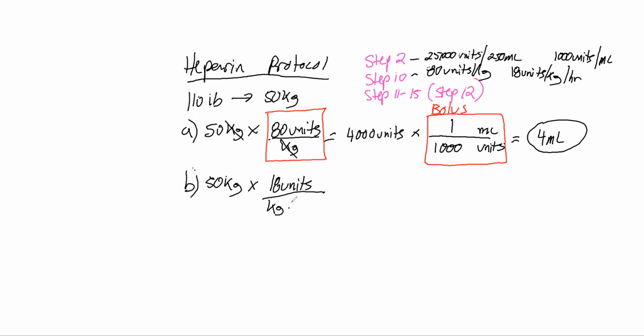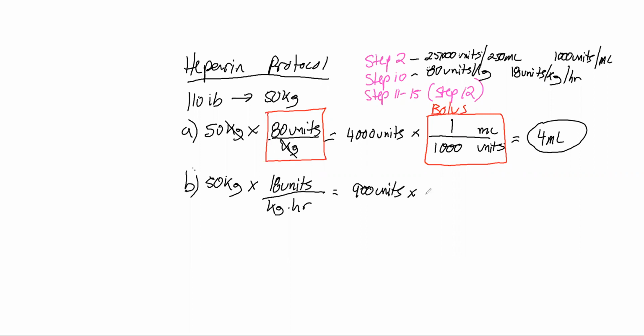So remember, this looks very similar to what you saw with the dopamine question, where it said patient's weight, but it was micrograms per kilogram per minute. So it's just a variation where we have a unit, we have weight, and then we have time. It's the same type of question. So this is good practice. 50 times 18 is 900 units.